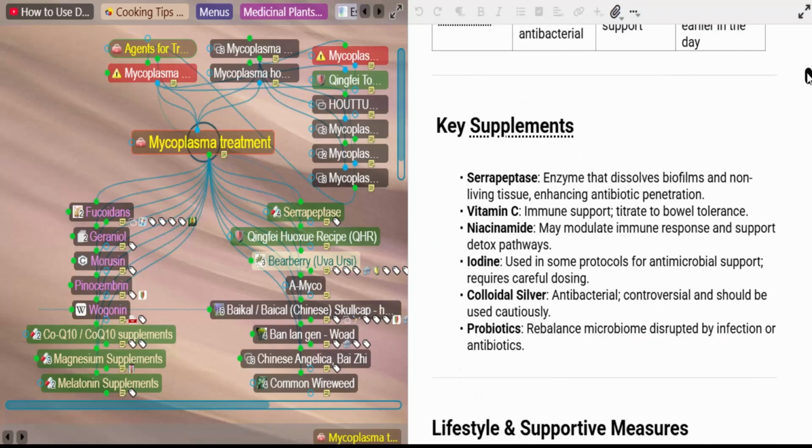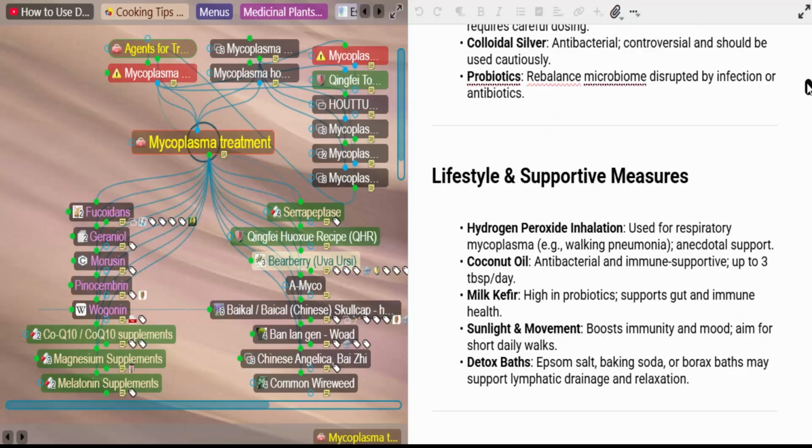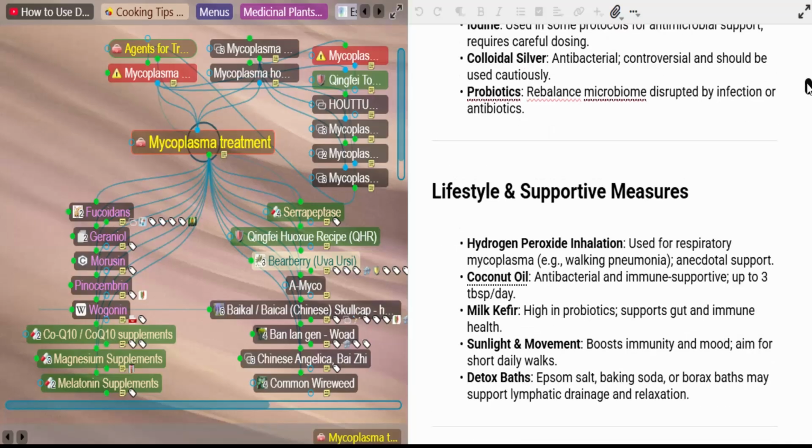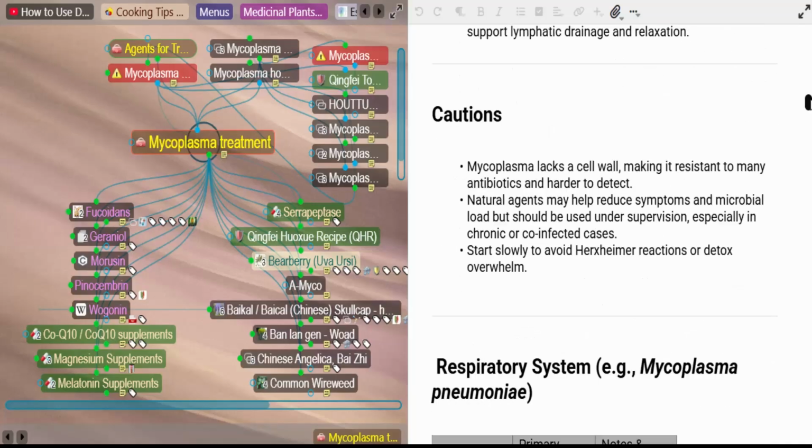Then we have key supplements. Serrapeptase dissolves biofilms and non-living tissue, enhancing antibiotic penetration. Vitamin C for immune support, titrate to bowel tolerance, and then of course lifestyle and supportive measures, cautions.